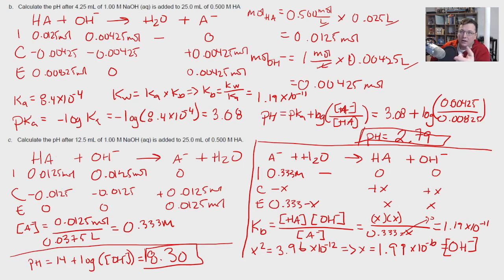That equilibrium becomes completely irrelevant, it blows right past it, and the pH is just completely dependent upon the OH minus concentration. All you have to do is recalculate what the concentration is in its new volume, because that's going to slightly change. So that's what you have right there for that.